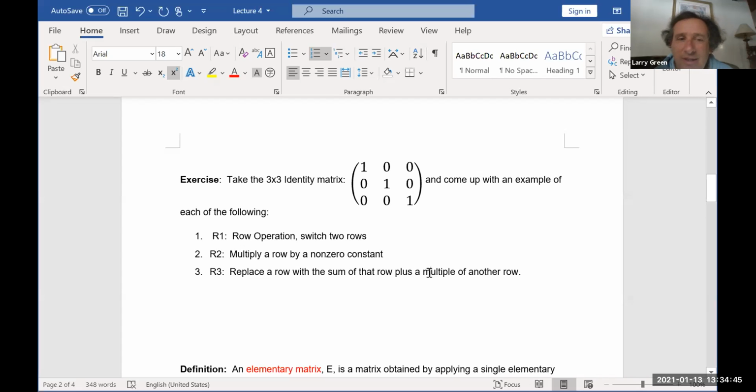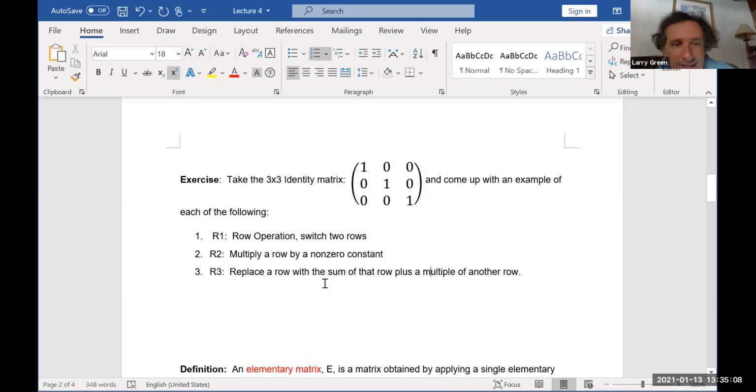So I want you to do number 1, do number 2, and each of these you're doing to the identity. So you're not using number 1 to do number 2. But I want you to write down a matrix which is the identity with 2 rows switched. I want you to write down a matrix which is the identity with 1 row multiplied by a constant.